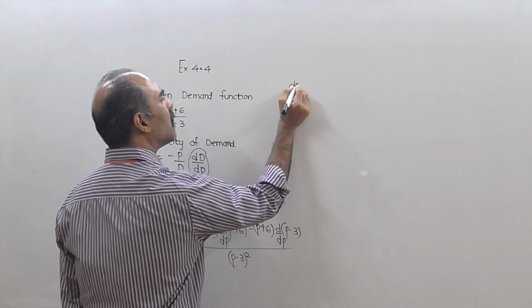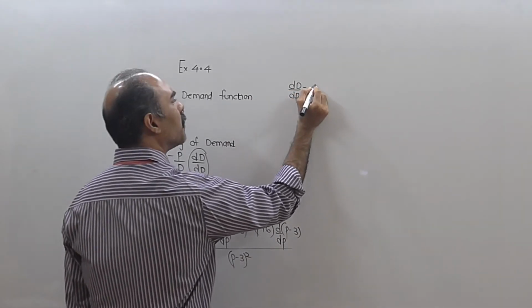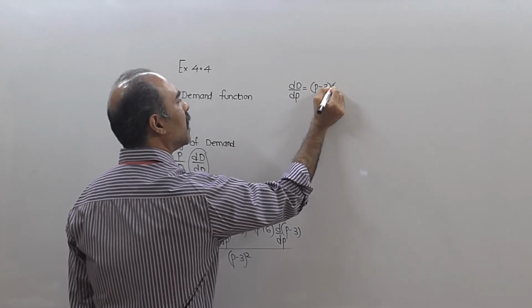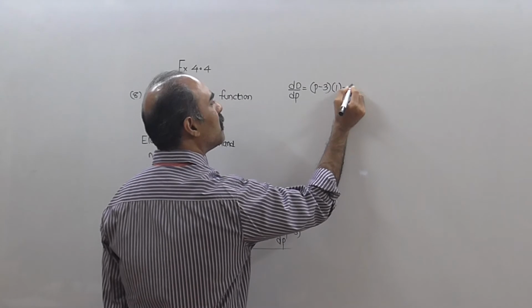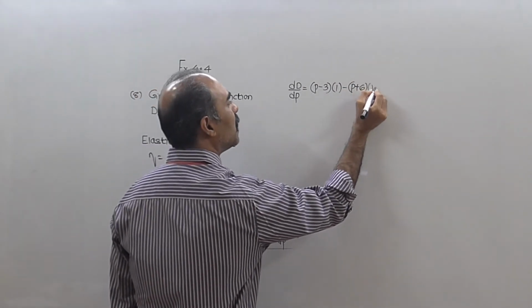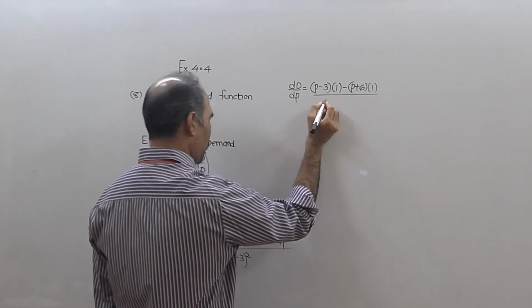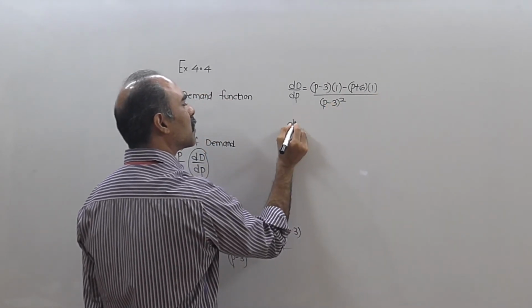So we get dD upon dP equal to P minus 3, derivative of P is 1, derivative of 6 is 0, minus P plus 6, derivative of P is 1, derivative of 3 is 0, the whole upon P minus 3 the whole square.